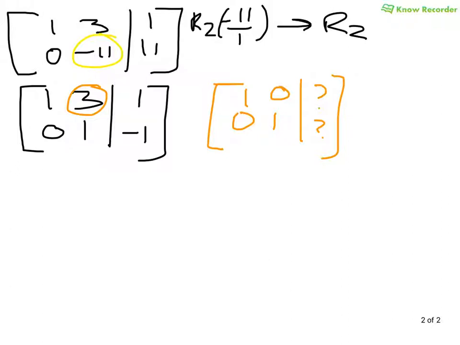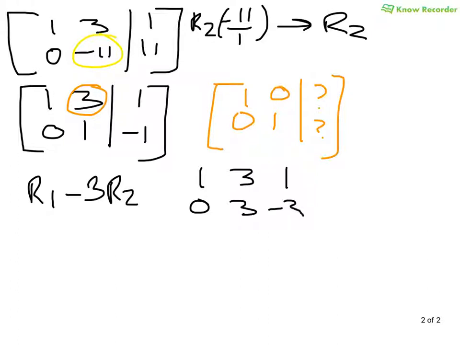So basically we're going to do exactly what we did before, just the opposite. We're going to take row 1 this time, and we're going to subtract 3 times our row 2. So row 1 is 1, 3, and 1. 3 times our row 2 is going to give us 0, 3, and negative 3.